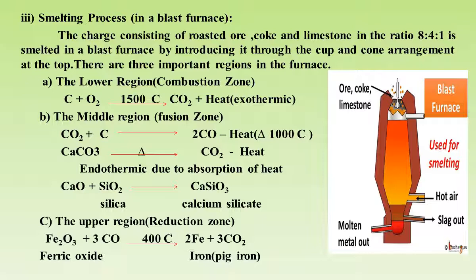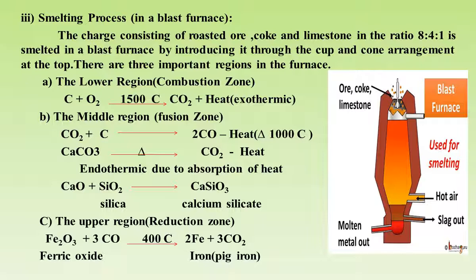In the middle region, the fusion zone, at 1000 degrees Celsius, carbon dioxide combines with carbon and we finally get carbon monoxide. And calcium carbonate, when heated, undergoes an endothermic process, absorbing heat, and we get carbon dioxide. And we remove the impurities in that area with calcium oxide plus silica.